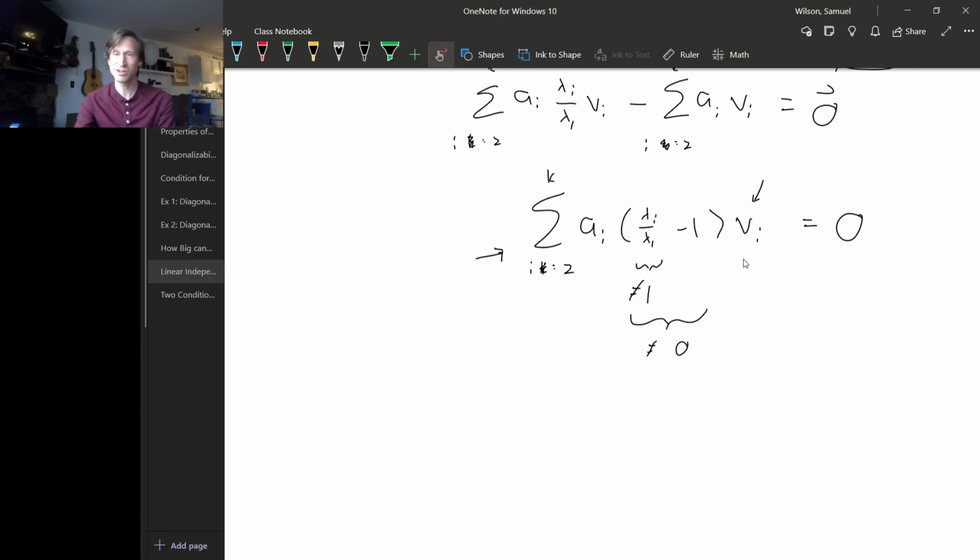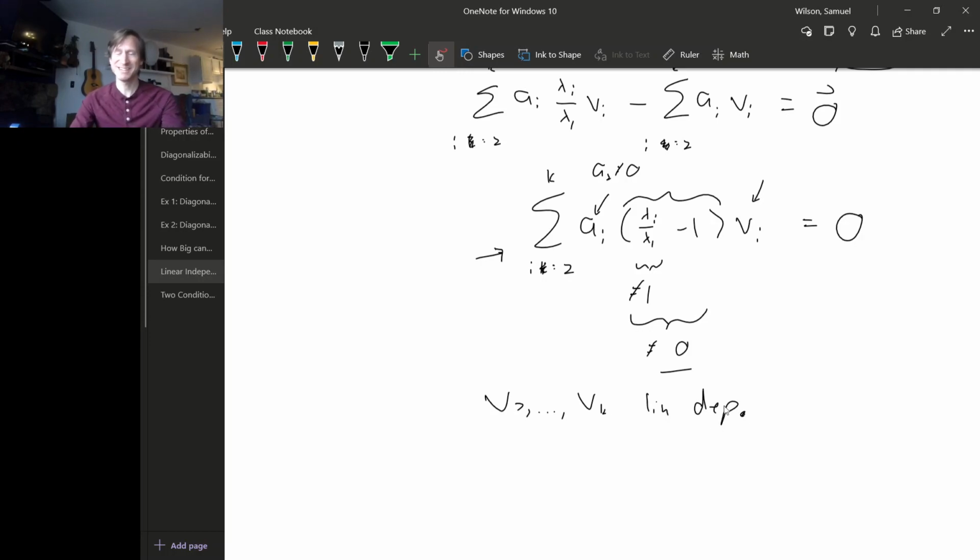So this is a linear combination of v2 through vk. And it's non-trivial because not all of these coefficients are 0. If you look, none of these parts are 0, that's what we just showed, and at least a2 isn't 0.